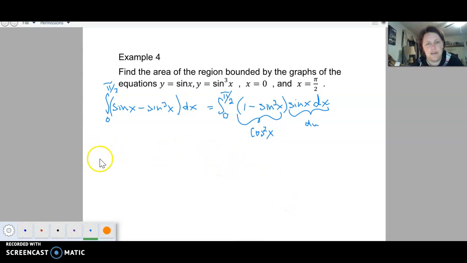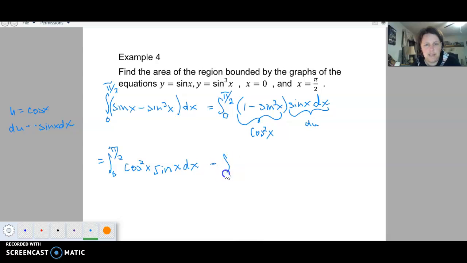So let's rewrite that. We would have the integral from 0 to pi over 2 of cosine squared x sine of x dx. And then we could say that u is equal to cosine x, and du would then be equal to negative sine x dx.